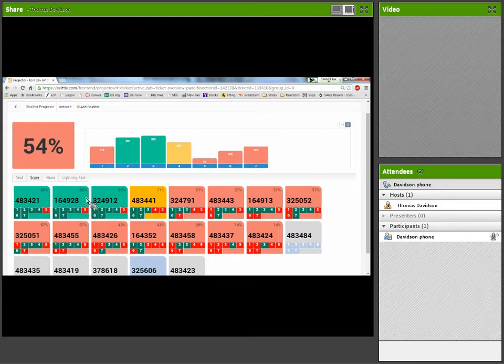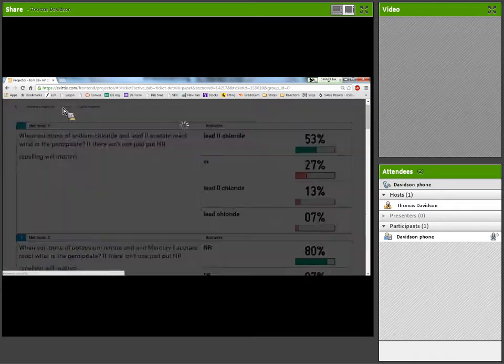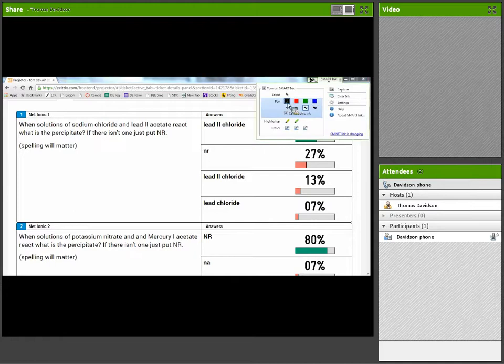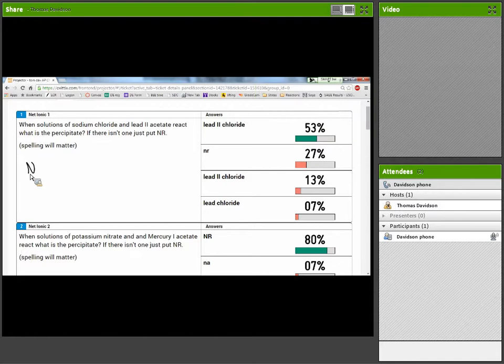So good job. Let's go ahead and reteach this. Make sure we're nice and solid here. When solutions of sodium chloride and lead 2 acetate react, what is the precipitate? I'm still not very comfortable with this, but we have NaCl plus Pb(C2H3O2)2, goes to... I don't want to write the whole thing out.